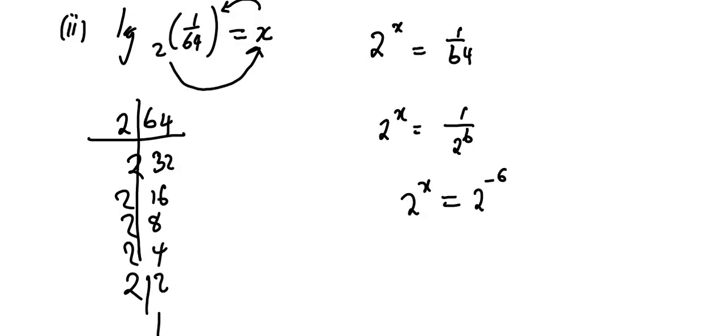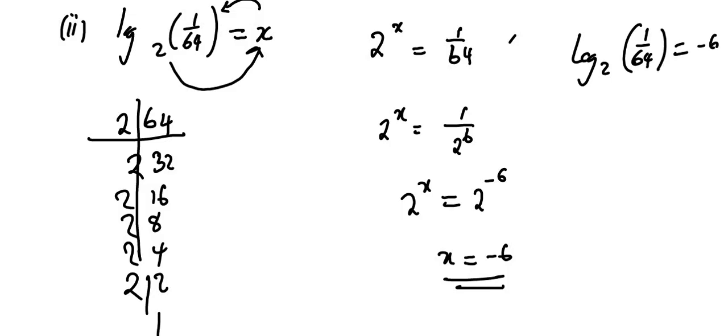From here, we equate x is equal to negative 6. This is what you get as your answer. So log of 1 over 64 to base 2 is the same as negative 6. That answers your question number 1a.